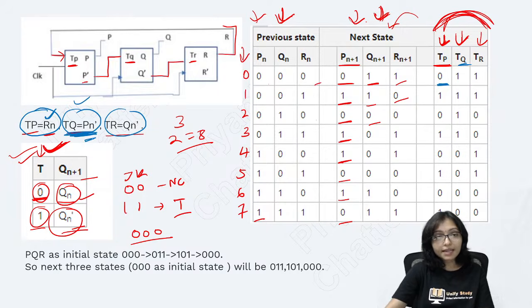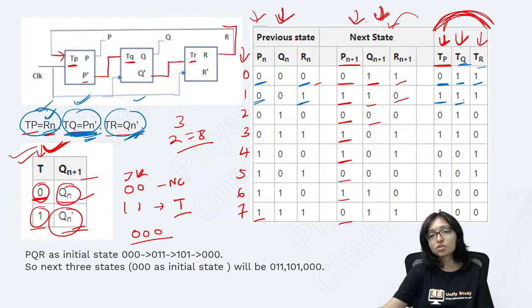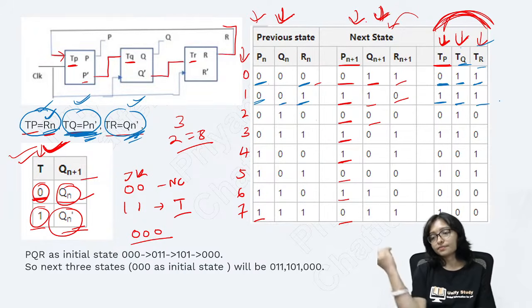TQ is Pn bar, so Pn value was 0, bar means 1. TR means Qn bar, Qn is 0, so it will be 1. Same way, TP I have to take Rn, that is 1. TQ I have to take Pn bar, so Pn is 0, means 1. TR is Qn bar, so Qn is 0, bar means 1.